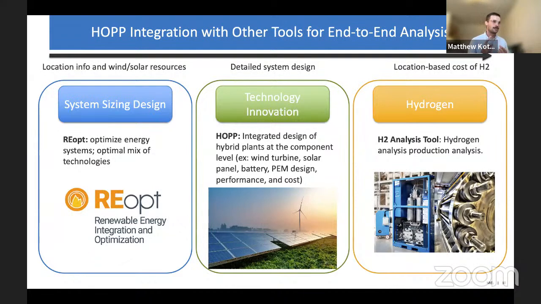So that includes specific wind turbine data, solar panel data, batteries, storage, hydrogen production component, performance and cost. And then as you see there to the right, we also have a NREL H2 analysis tool that's been incorporated, which is that H2OPP hydrogen version of HOPP.